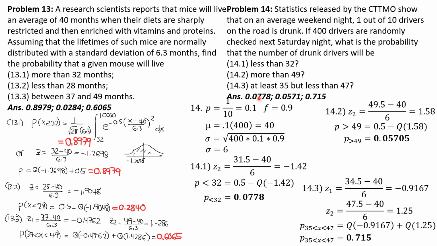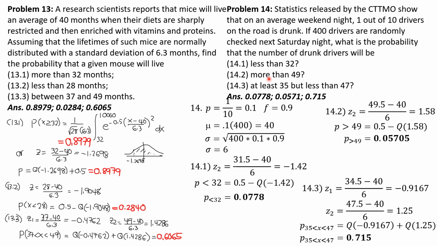14.1, less than 32. So 0.5 to the left of 32 is 31.5, minus the mean, which is 40, over standard deviation 6, we get negative 1.42. So the probability that the number of drivers considered drunk is less than 32 is that area, which is 0.5 minus Q of negative 1.42, and that's 0.0778.